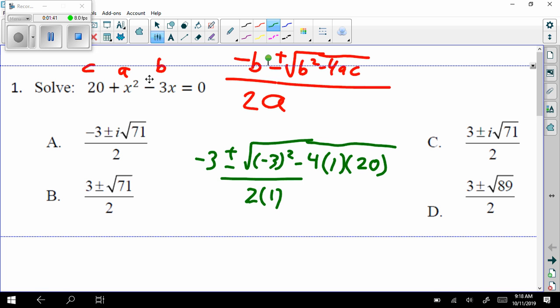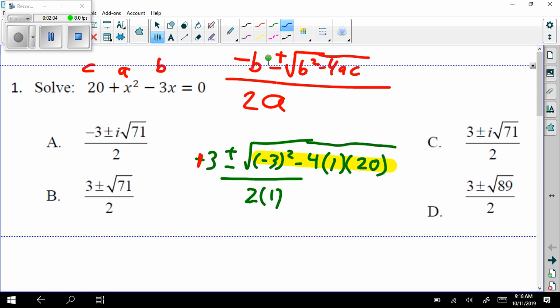So we got to work this out. I would start inside the square root with just this part right here. Oh, the positive right here, yes. Negative 3.